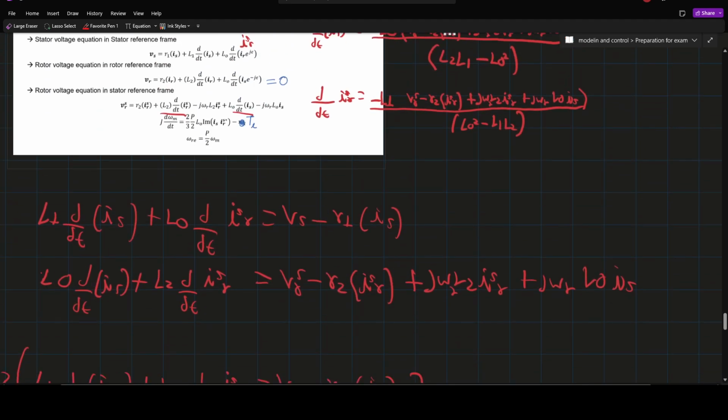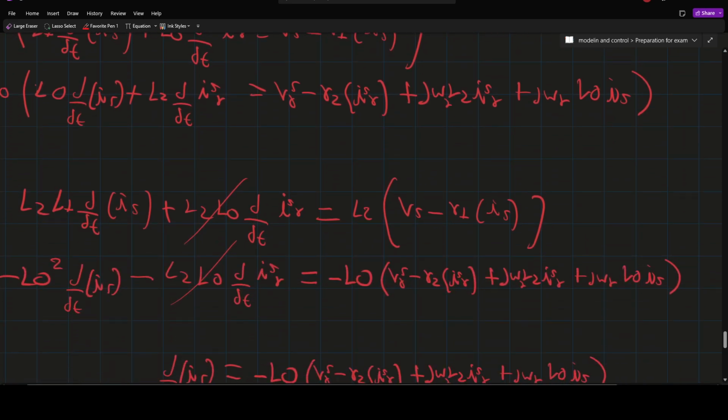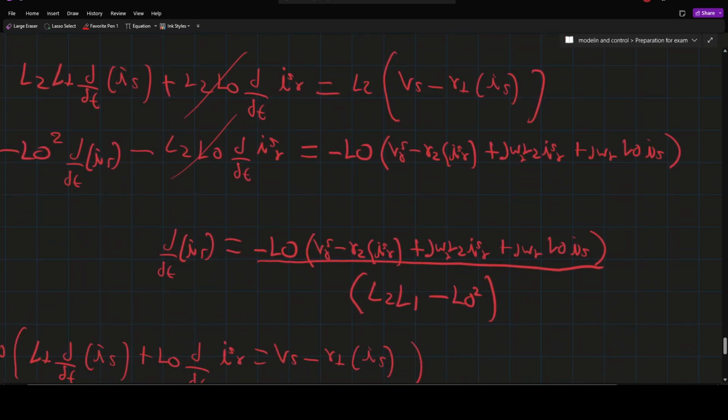Let me just check it. Vs minus R1 Is, Vs minus R1 Is, yes. Oh, okay. Here, there is a mistake. I'm missing this term for our Is.